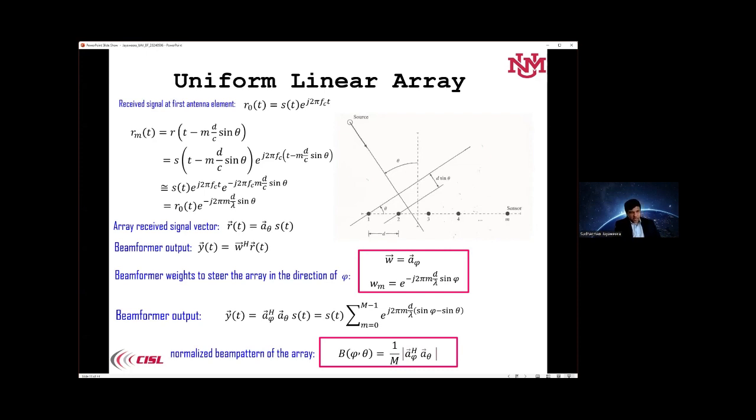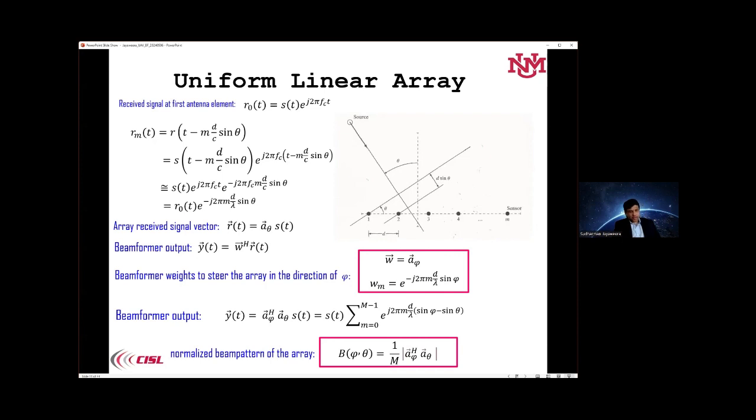So the received signal at the mth element is going to be the baseband signal s of t delayed by m d sine theta over c, and the same e to the j 2 pi f c term is also delayed, by t minus m d sine theta over c.